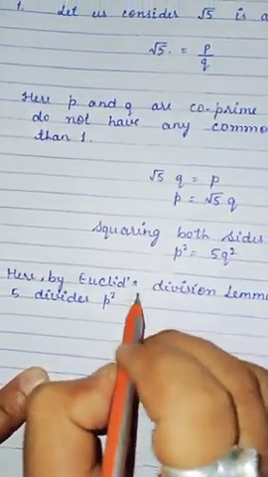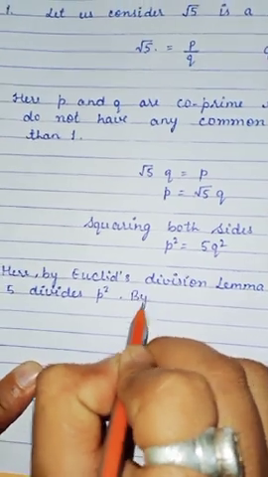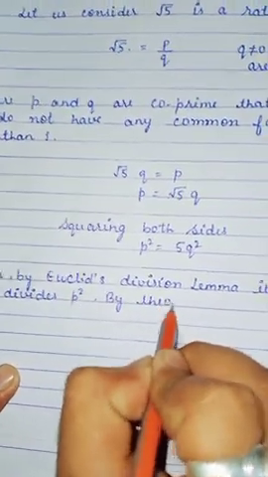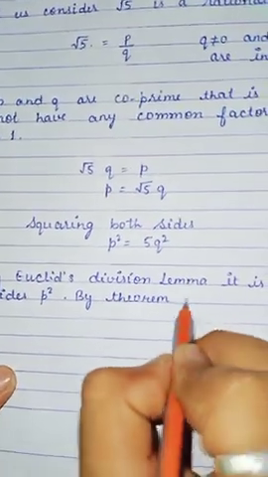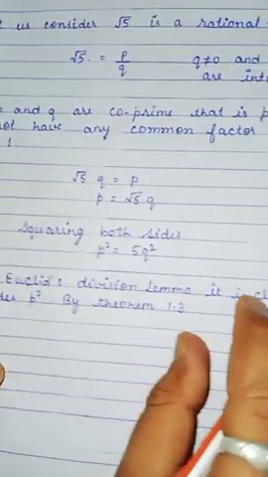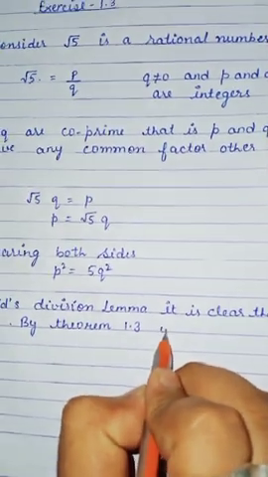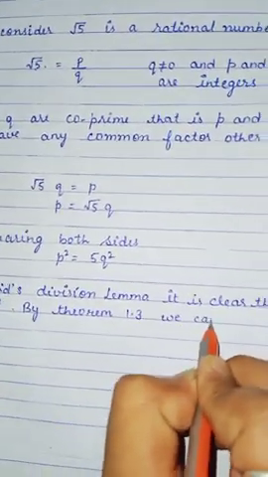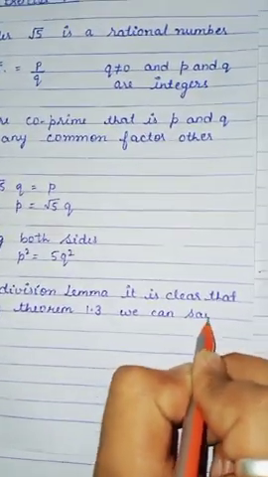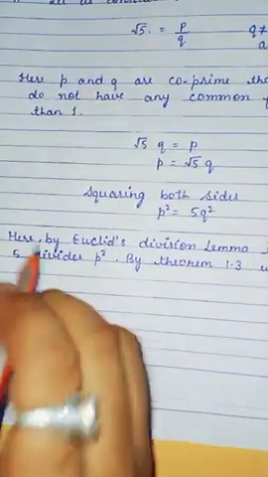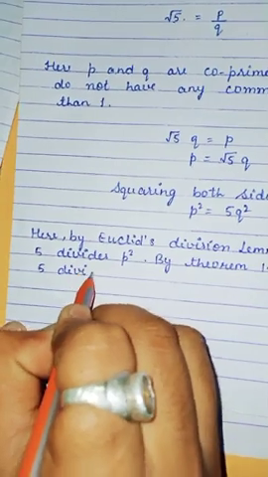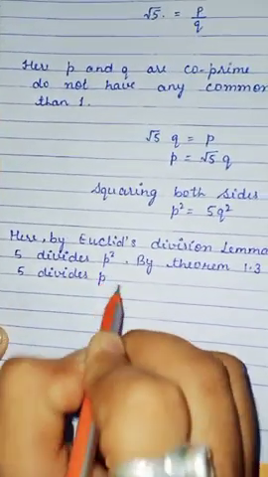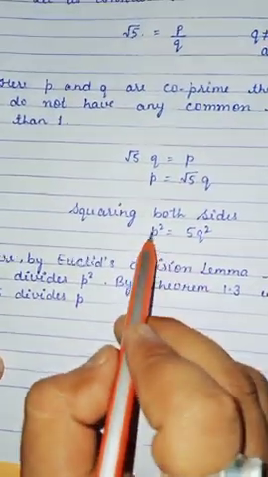So by theorem 1.3 we can say 5 divides p.